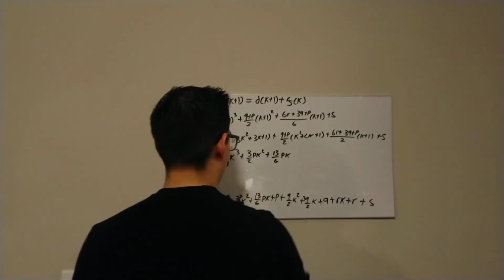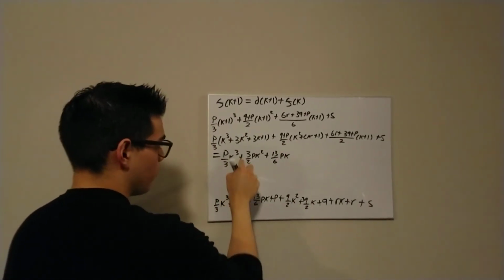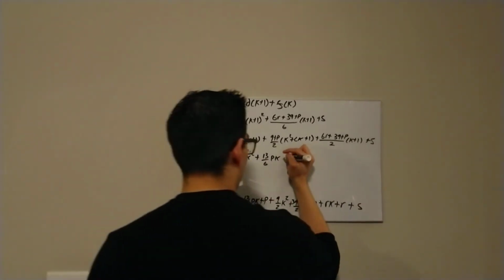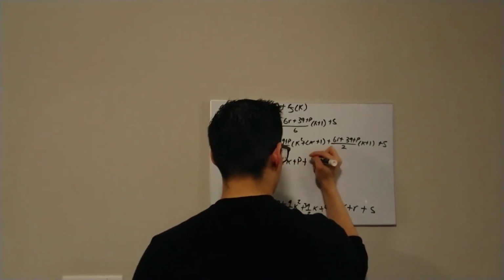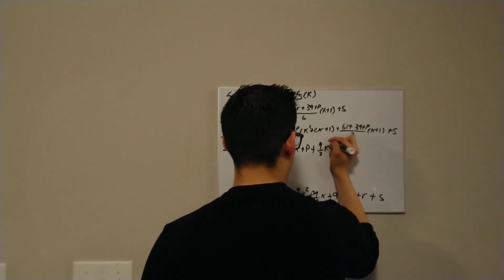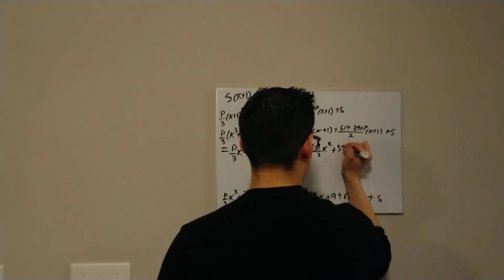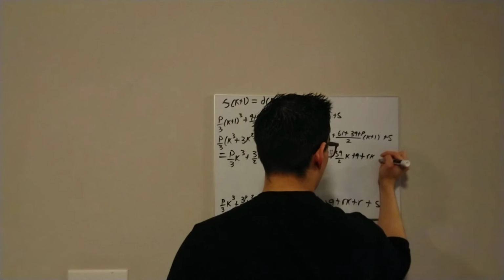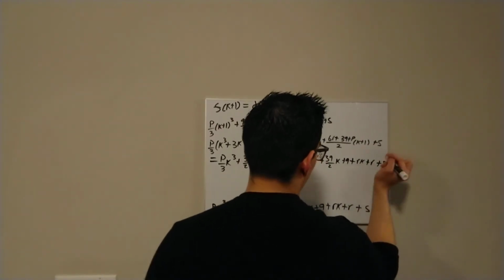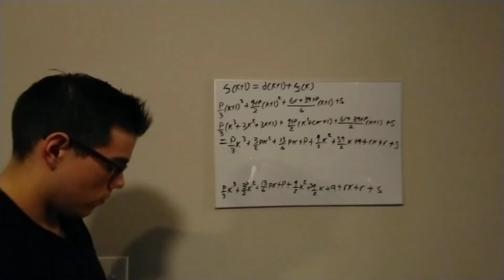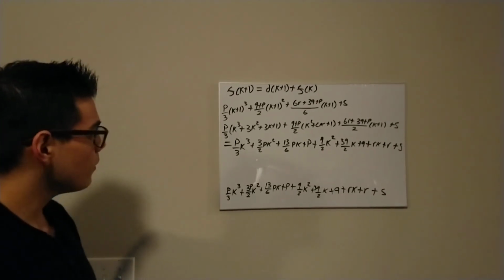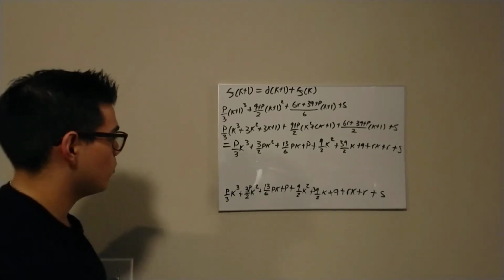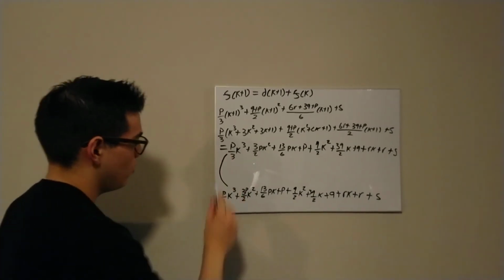As you can see here, we already have p/3 k cubed plus 3/2 pk squared plus 13/6 pk. So this is already beginning to line up very nicely. Plus p plus q/2 k squared plus 3q/2 k plus q plus rk plus r plus s. So as we can see here, the right hand side and the left hand side do in fact equal each other.